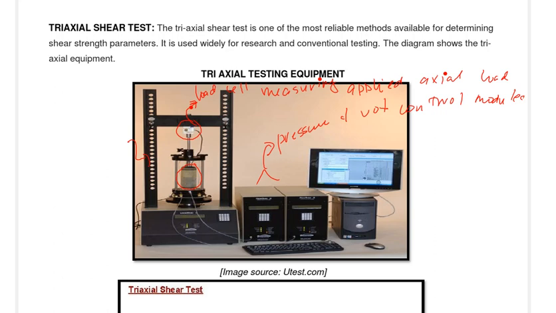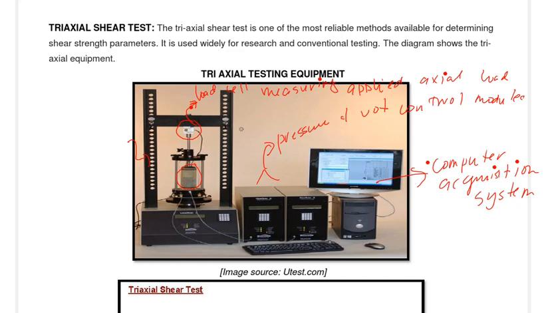We also have here, ito, yung tinatawag nating computer acquisition system. So, itong computer acquisition system naman controls the test and records the data. So, ito yung nagre-record ng data ng ating soil sample.